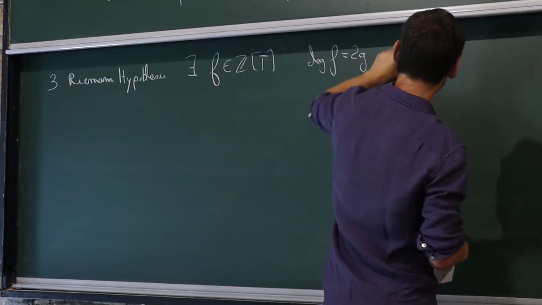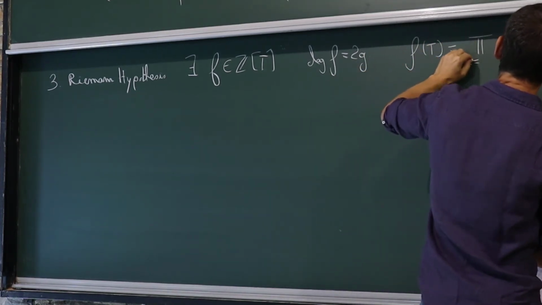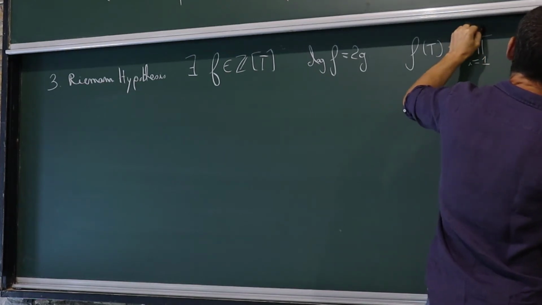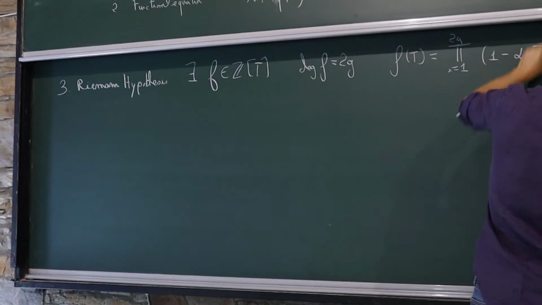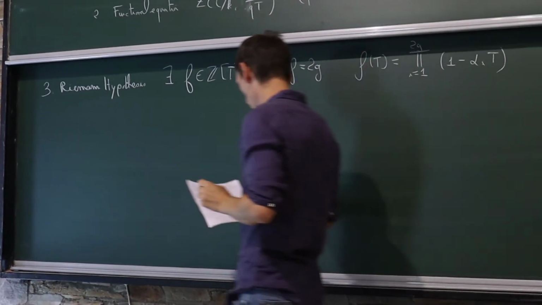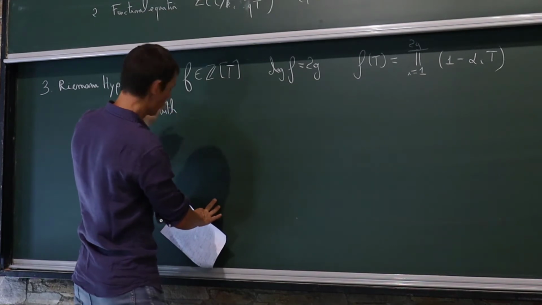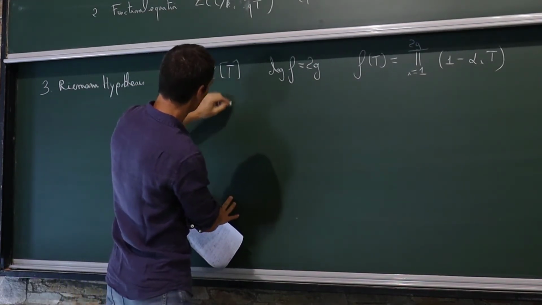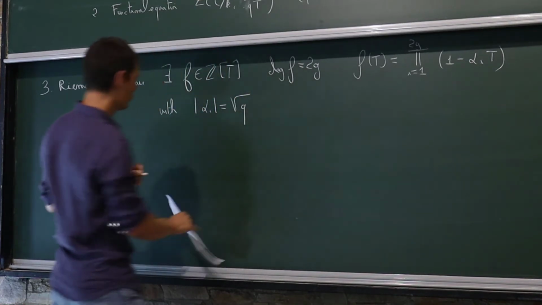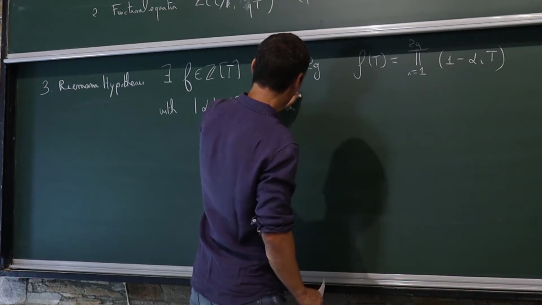f in this way. f of t is going to be a product from i equal to 1 to 2g of 1 minus alpha_i t, with, and this is really the most important part, the norm of alpha_i is square root of q, such that, how is it related to the zeta function?